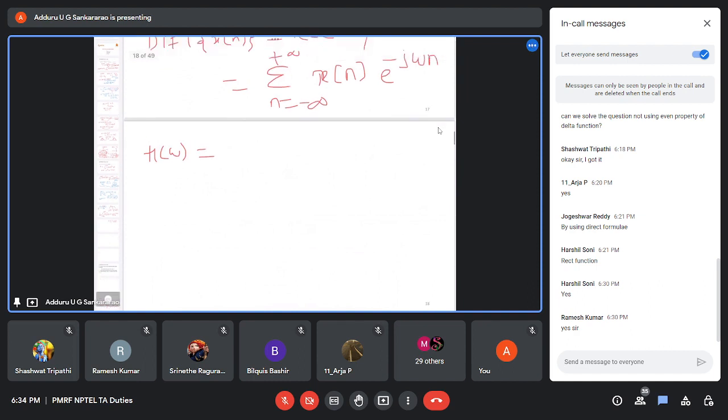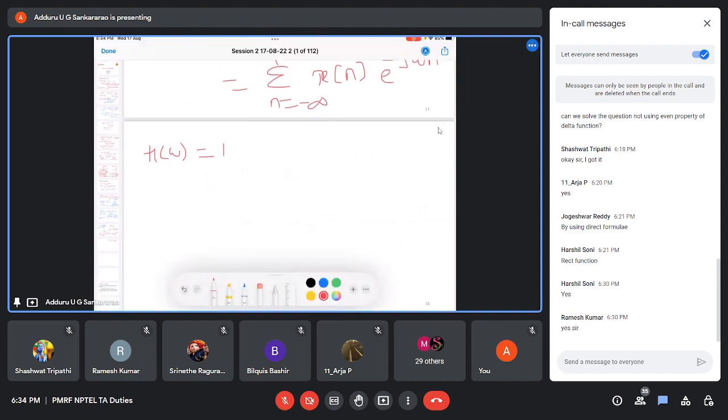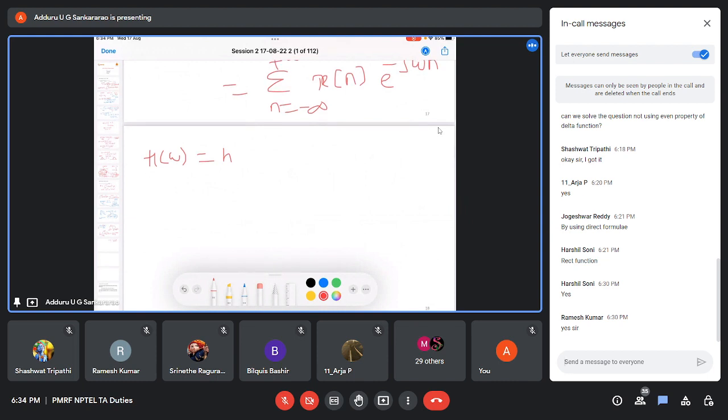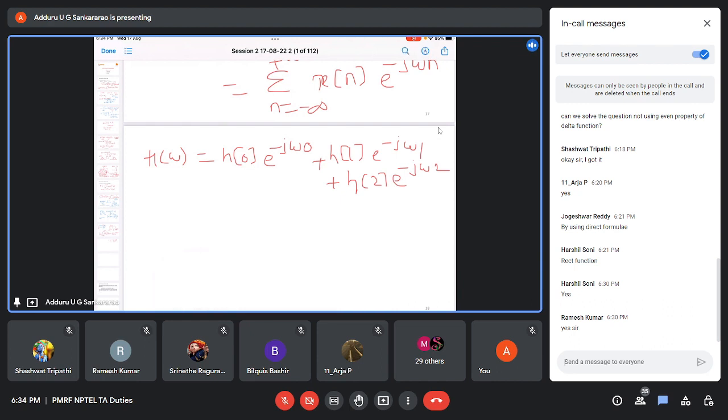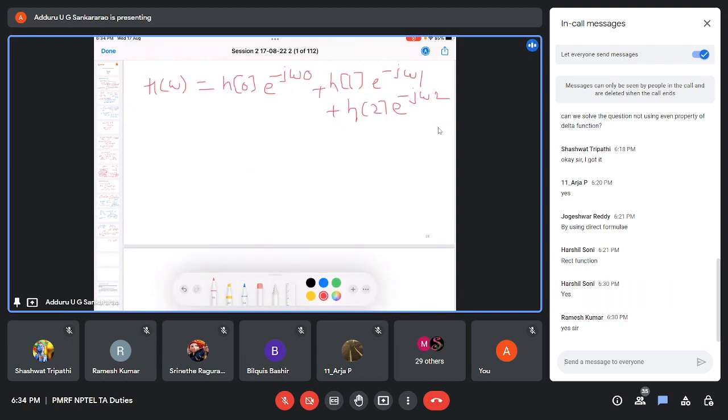So h of 0 into e power minus j omega 0 plus h of 1 into e power minus j omega 1 plus h of 2 into e power minus j omega 2, and for the remaining places h of 3, h of minus 1, h of infinity, everything is 0.